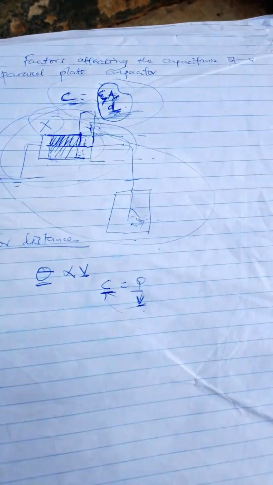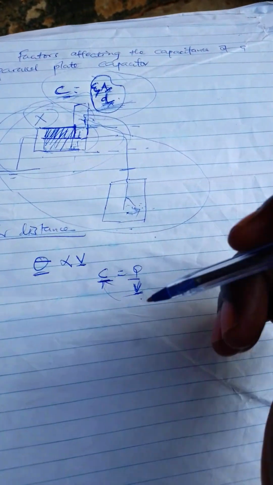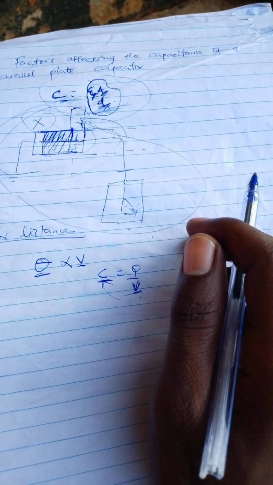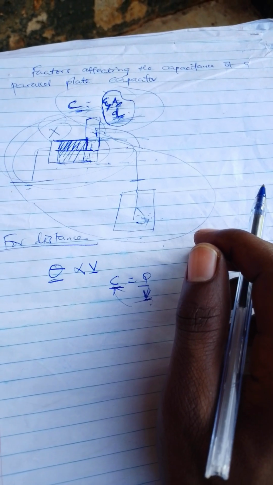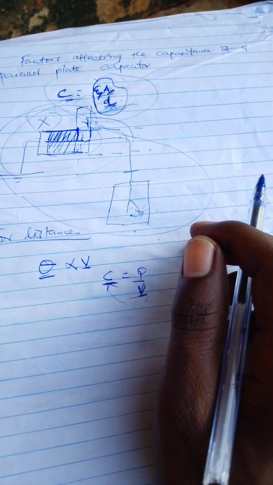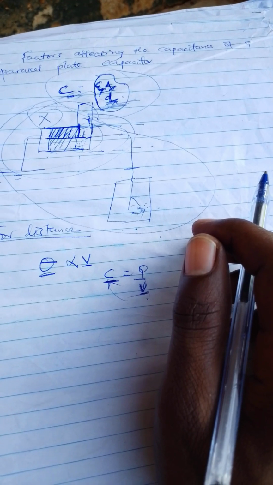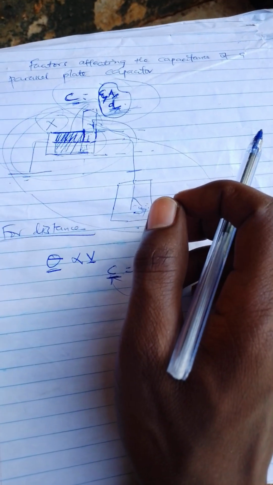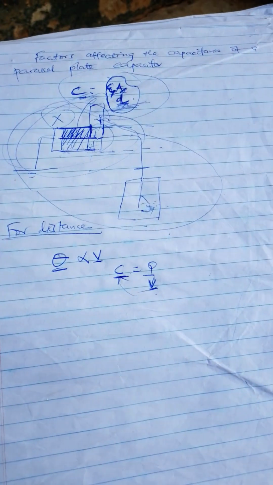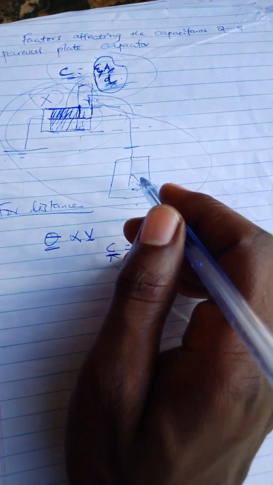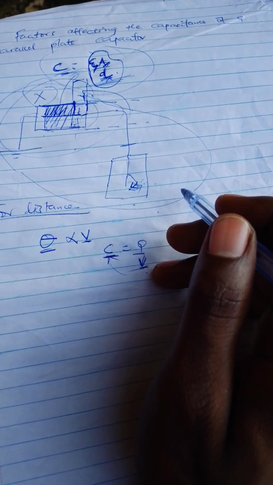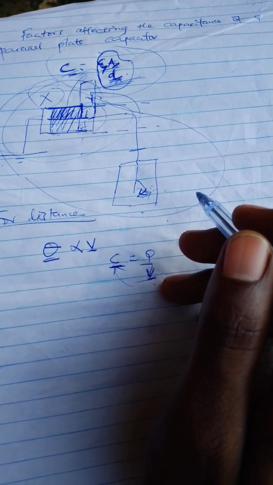Then from there, I insert a dielectric material inside. A dielectric material is an insulator which breaks down when the PD is high. We shall look at that definition when we proceed. So I press the dielectric in between the capacitor plates. When I do so, you realize that the divergence decreases.